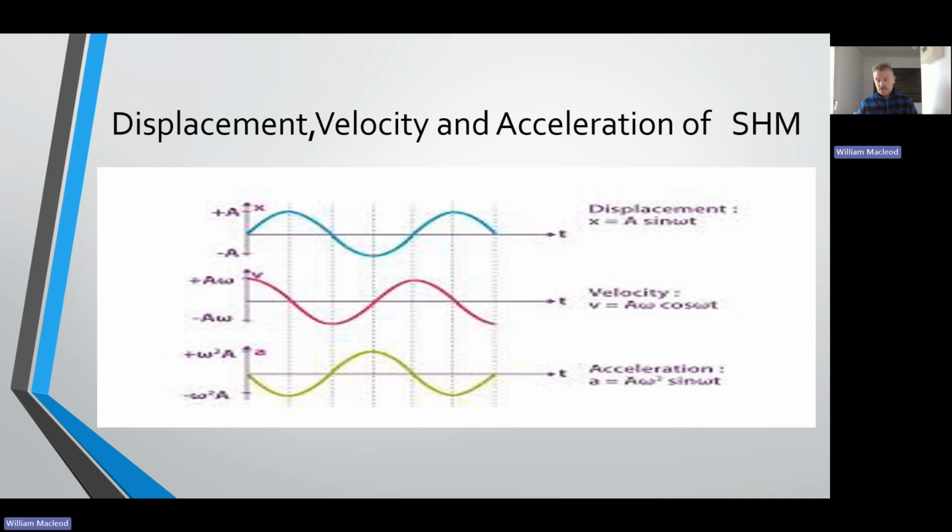In other words, the resultant force is 0, and if the resultant force is 0, necessarily the acceleration is 0. The displacement therefore would be 0 because it's equilibrium position, and the potential energy is 0, but the kinetic energy is at a maximum, which means the velocity is at a maximum. So if acceleration is 0 and displacement is 0, the velocity is at a maximum.